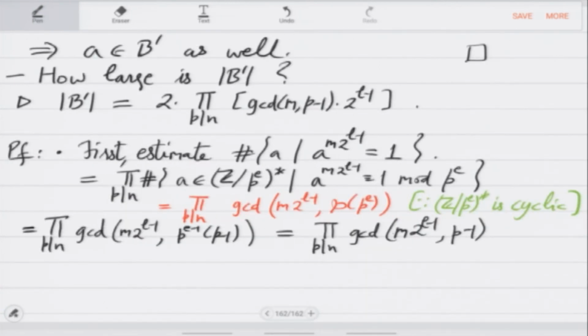So 2 raised to L minus 1 divides P minus 1, so we can further simplify this as this. Okay, so we have estimated the number of A's such that A raised to that exponent is 1 mod n.